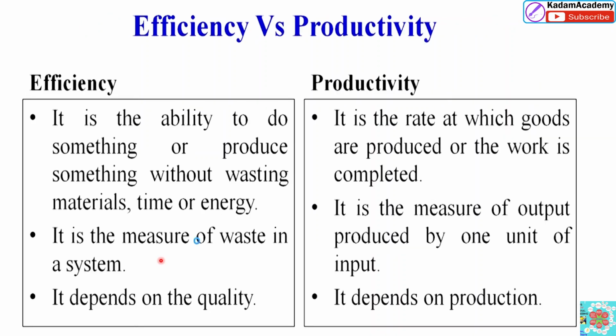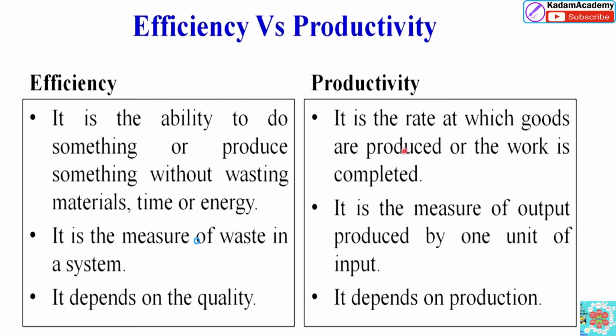So friends, now let's go to efficiency and productivity. What is efficiency? It is the ability to do something or produce something without wasting materials, time, or energy. Productivity is only the rate at which goods are produced or work is completed.